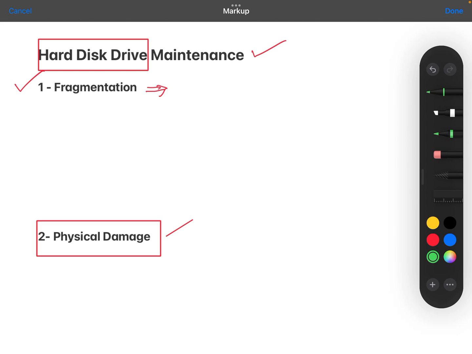Now, what are the reasons that the platters in the hard disk develop bad sectors?